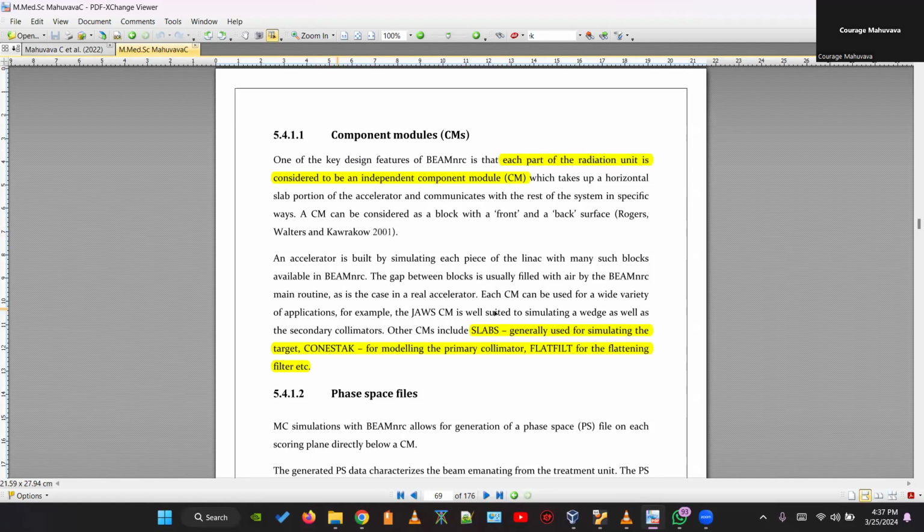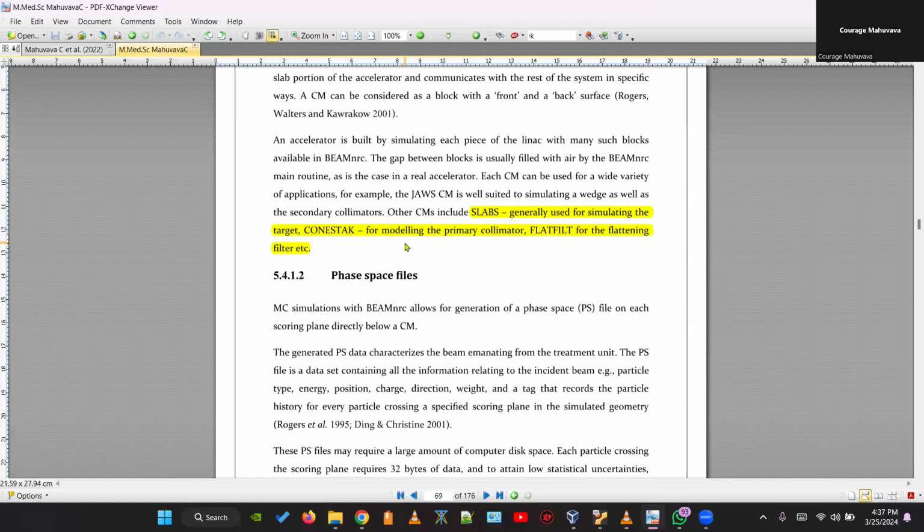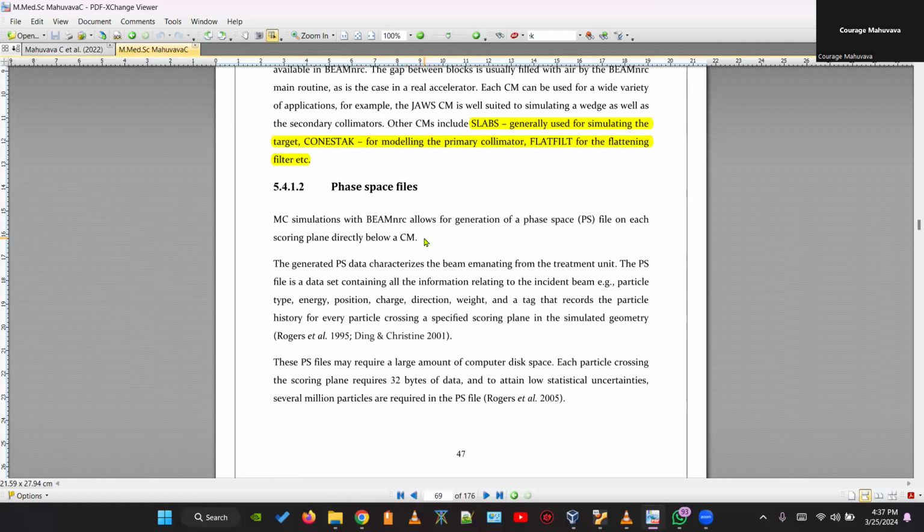So you see when I show you the actual software that we do have what we call spec modules, which basically specify the name of each component in the linear accelerator. And I'll show you where to store each of those files. All right. So that's how you model a radiation unit. Once you model, you produce what we call phase space files.